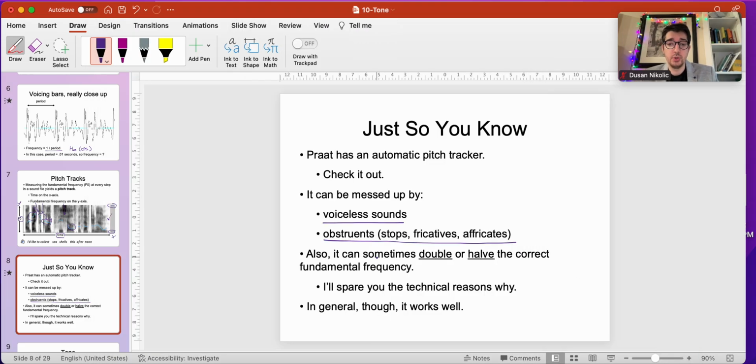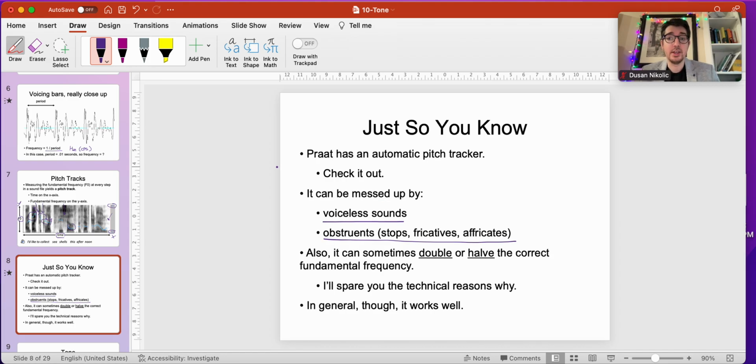And pay attention to those features of Praat because they will become useful further on. In general, Praat really works well. That's why I'm bothering you so much with this, and that's why I'm so persistent with showing you what it can do. It captures fundamental frequency very well, and we will now find out why this is important for us.